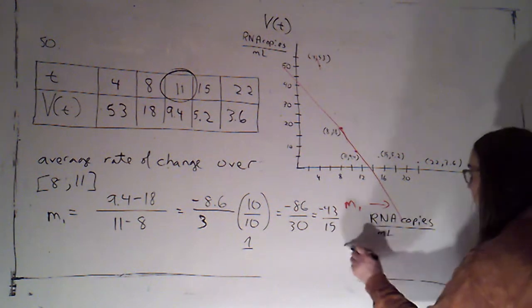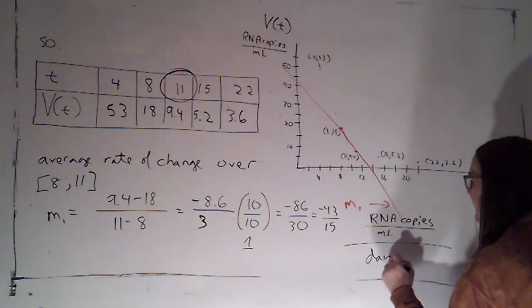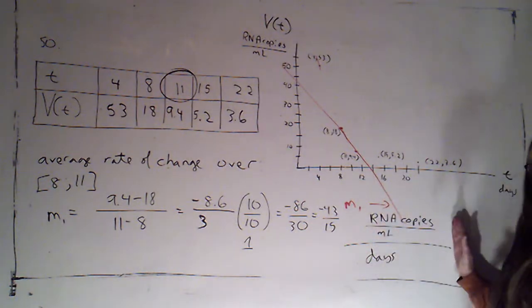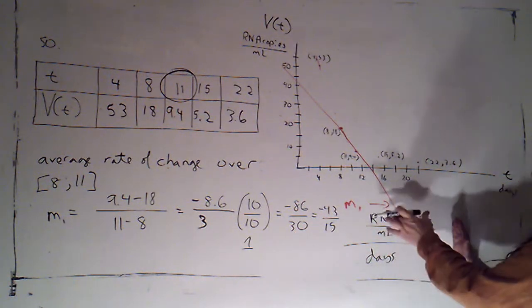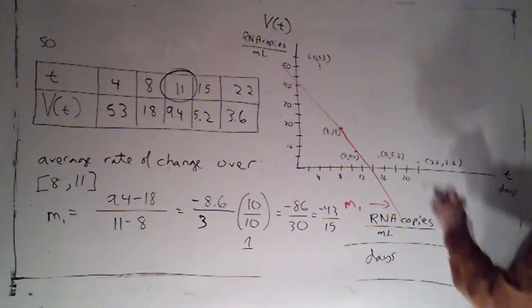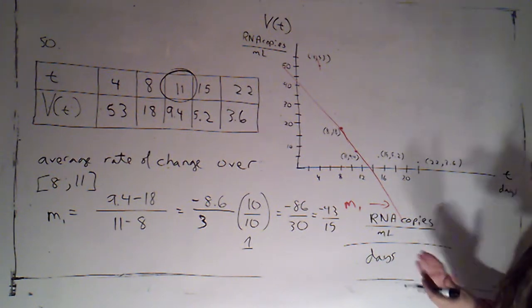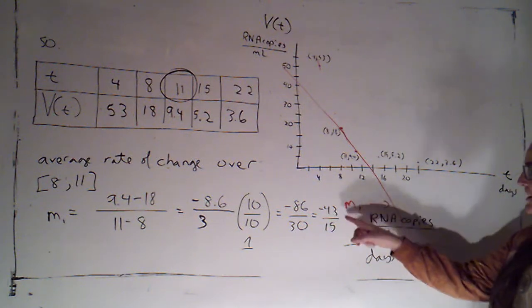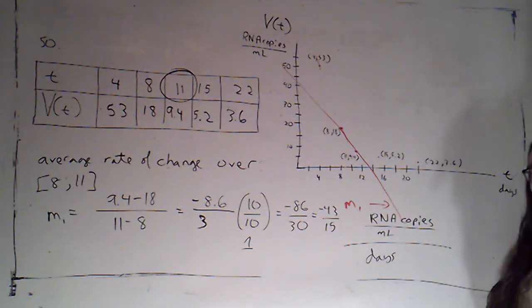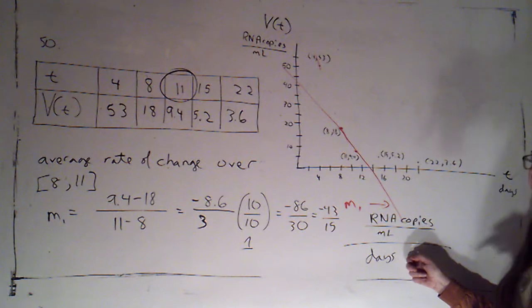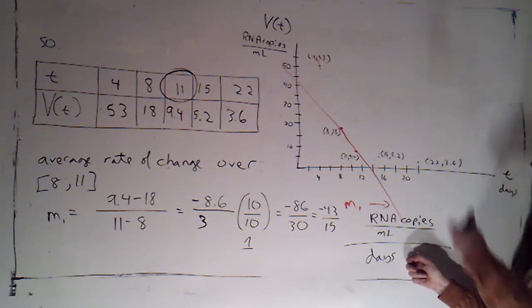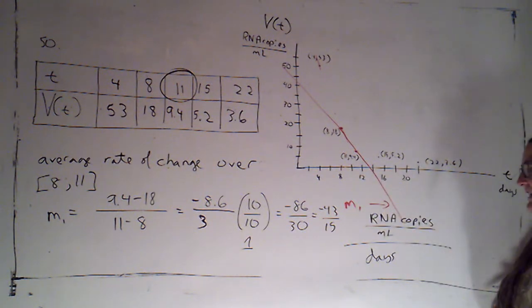And then the run was time in days. So I can think of the units as this complex fraction, RNA copies per milliliter per day. So basically we're saying this went down 43/15 RNA copies per milliliter every day, on average, over the days between day 8 and day 11.